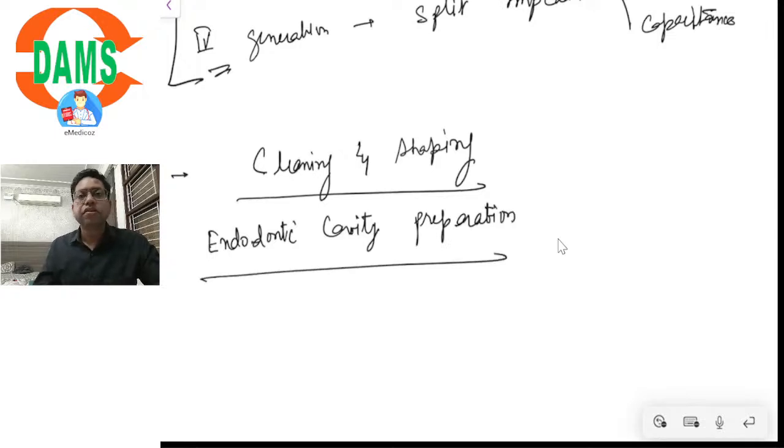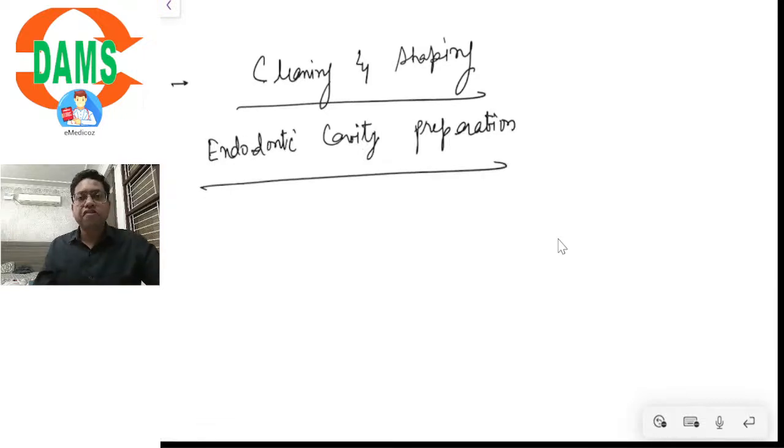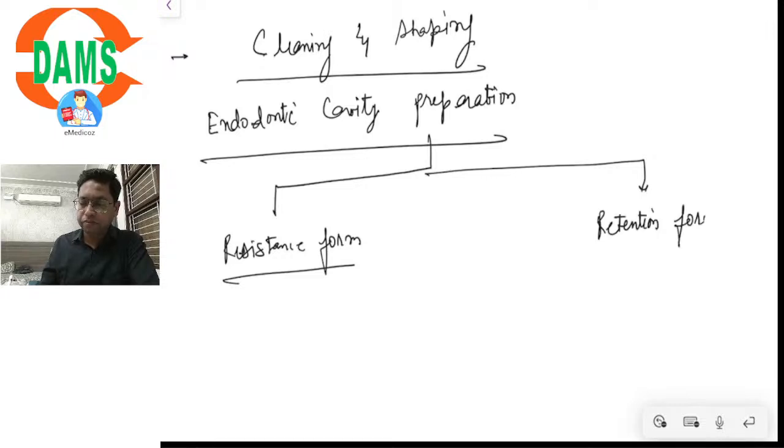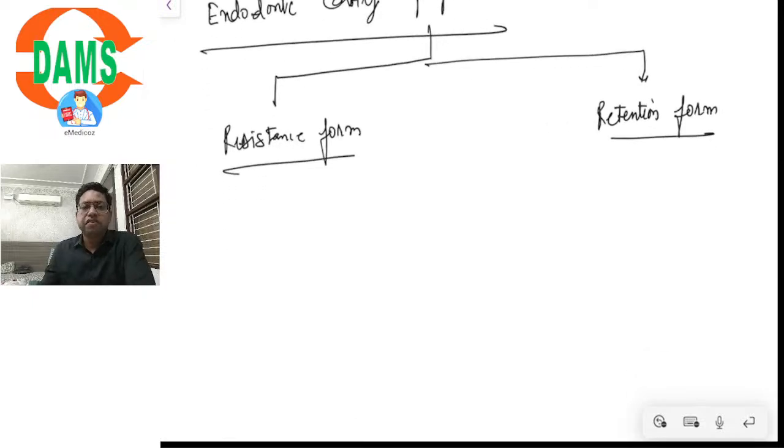Just like we do tooth preparation on the coronal aspect for restorations, this endodontic cavity preparation, just like your coronal cavity preparation, consists of two things: a resistance form and a retention form.